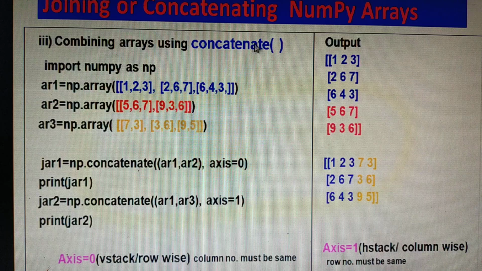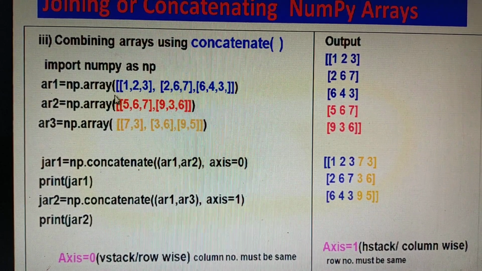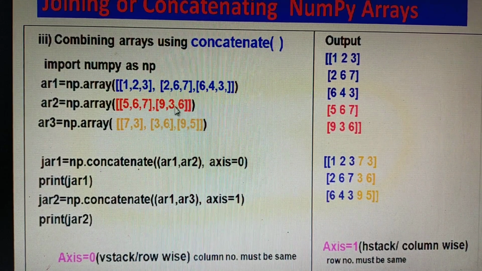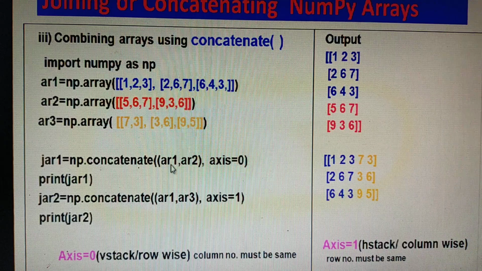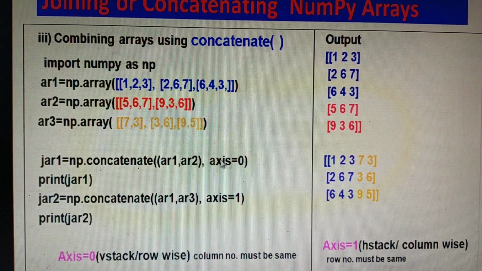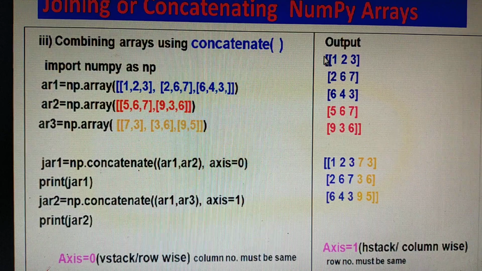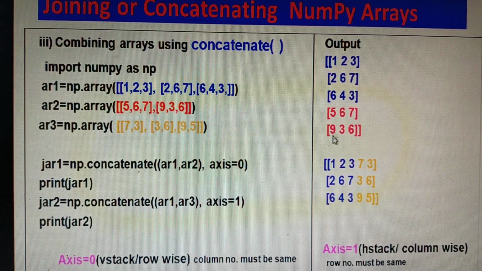Now joining or concatenating arrays with the concatenate function. Here are the 3 arrays I have created, and I concatenate array 1 and array 2 on axis 0. The vertical axis is called 0 and the horizontal axis is called 1.